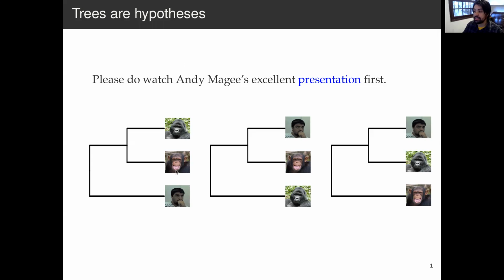So you might think this is the correct tree, right? That gorillas and chimps are closer to each other than we are to them, but that's, well, not true, right? The correct tree is this one. And what this tree does is that it tells you a story, and the story is that there once was a creature that was the ancestor of gorillas and whatever the ancestor was of humans and chimps.